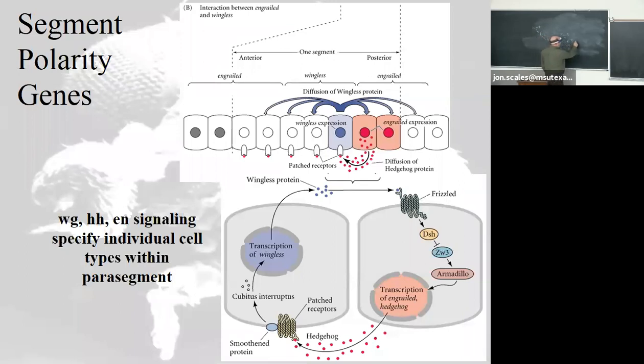And this ordinarily would repress the protein we would call beta-catenin, which in fruit flies is named armadillo. Okay? Beta-catenin would ordinarily be involved in cell adhesion.